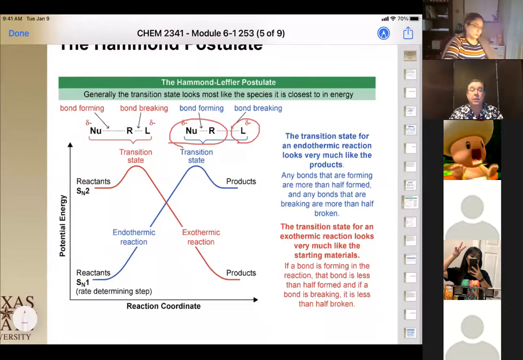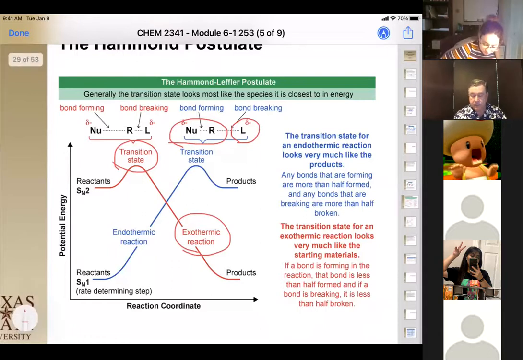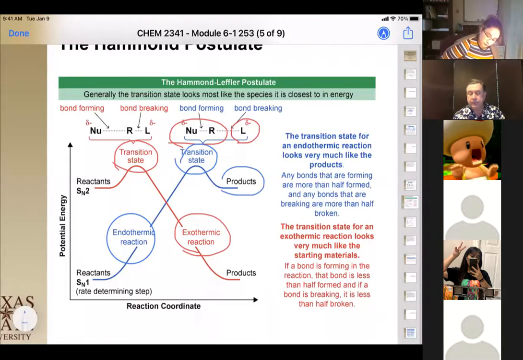Okay. So in the case of exothermic reactions, the transition state looks more like starting materials. In the case of endothermic reactions, the transition state looks more like products. Okay, so that's what we call the Hammond postulate.